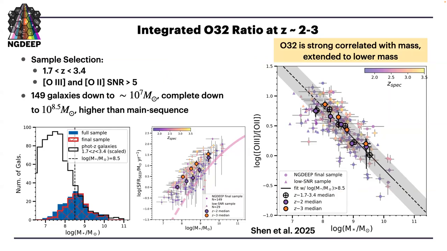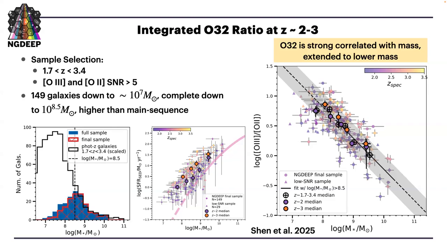Here I'm showing the star formation rate as a function of stellar mass. These are our galaxies, and this is the star formation main sequence at similar redshift. We are slightly above the main sequence because of our emission line selection, so we have slightly higher star formation rate galaxies.